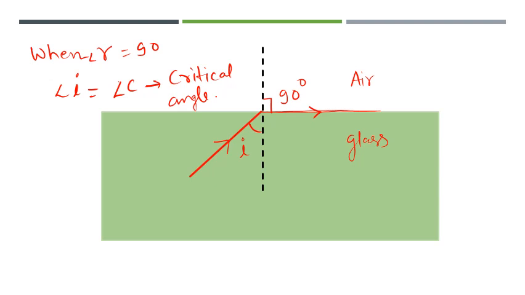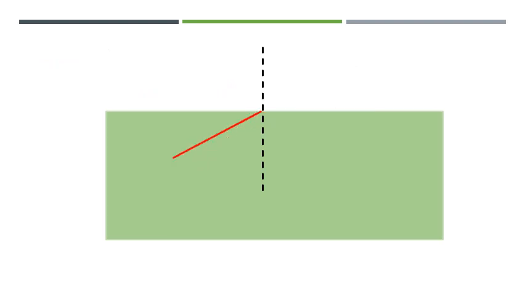Now in the next case, if you are increasing the angle of incidence beyond the critical angle, so this was your critical angle, and now the new ray of light is traveling at a greater angle compared to the critical angle, then what will happen?